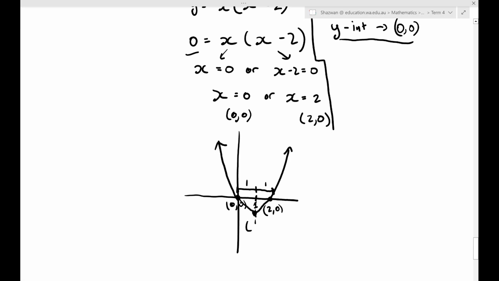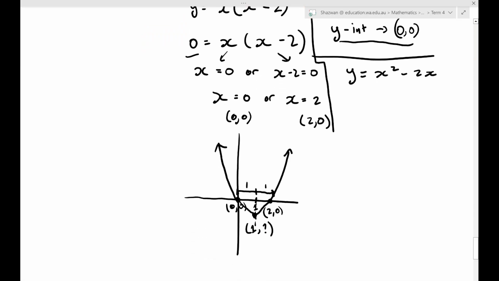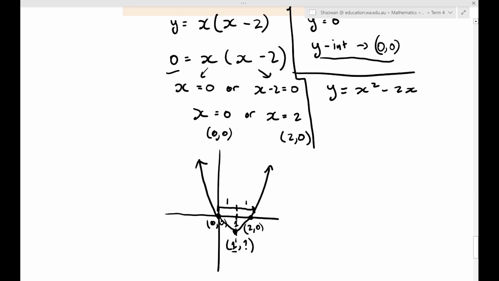So we know that this is (1, something). To find out what the y value is here, we'll just take x is equal to 1 and substitute it into our original equation up the top. So y is equal to x squared take 2x, and we're going to look when x is 1 because we know that's the value of x at the turning point.